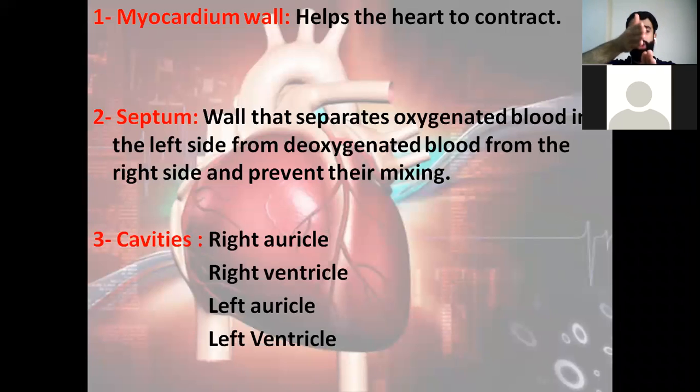It's like a wall in the middle. It separates the oxygenated blood on the left side from the deoxygenated blood on the right side and prevents the mixing of these two bloods. They do not mix.